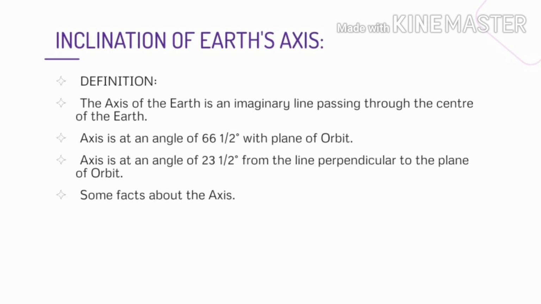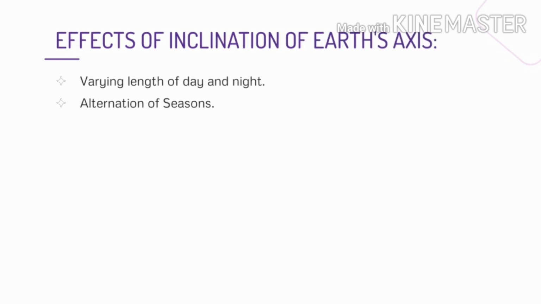Now we all know that the earth is inclined to a certain degree. This has a very great impact on the varying length of day and night. Also, the alteration of the seasons takes place because of this inclination of the earth's axis.